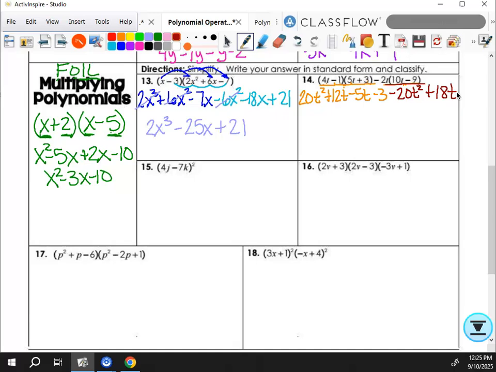So now I'm going to combine everything together that I can and get, there's 20t squared and a negative 20t squared. Those zero out. I have 12t and a negative 5, so that gives me 7t, right? And then I have another 18t, is that 25? 25t and then minus 3. That's what we end up with in the end.